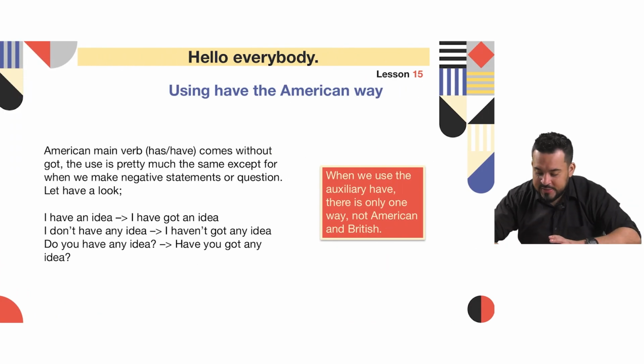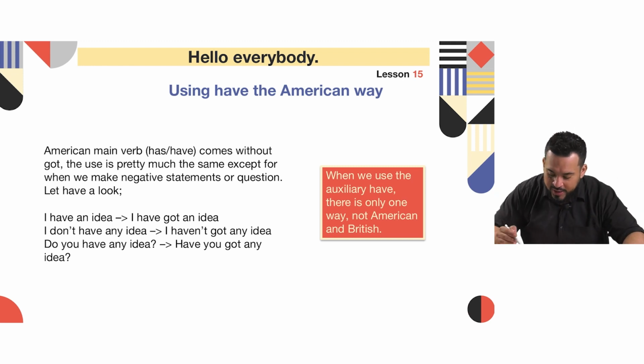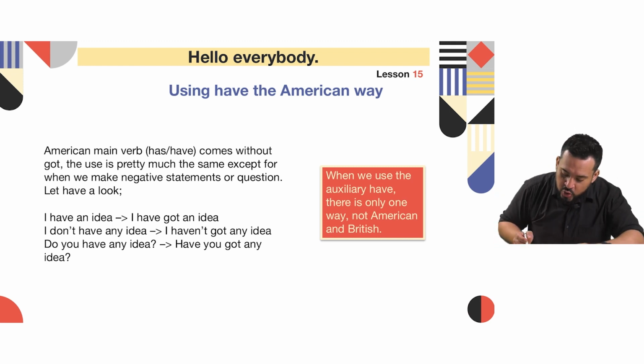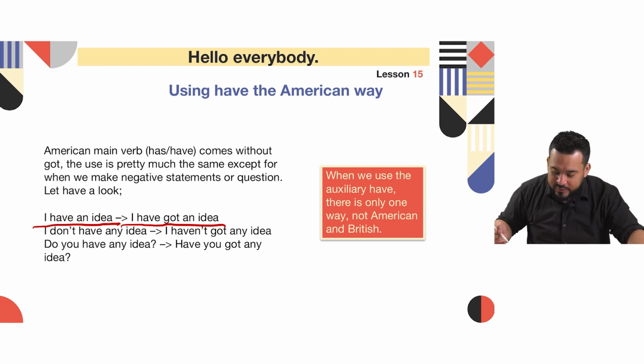Now let's take a look at the American way of using the main verb have or has. So the American way is I have an idea or I have got an idea. That is in the positive statement.